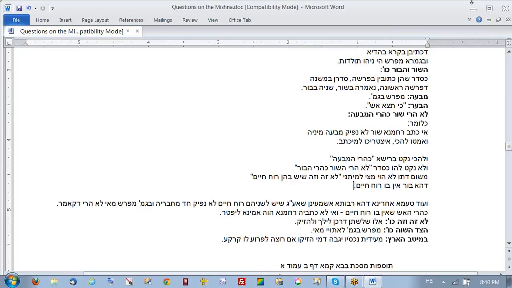Okay, now there's two ways we can answer. One is once I establish the principle here, you're able now to fill out the rest of the table. Right. Each one has its own individual chumrah. Right. Now you should be able to generate the whole table. Okay, and just say how Shor is not like Bor, Bor is not like Shor, Shor is not like Mava, Mava is like Shor. We have all the four possibilities.